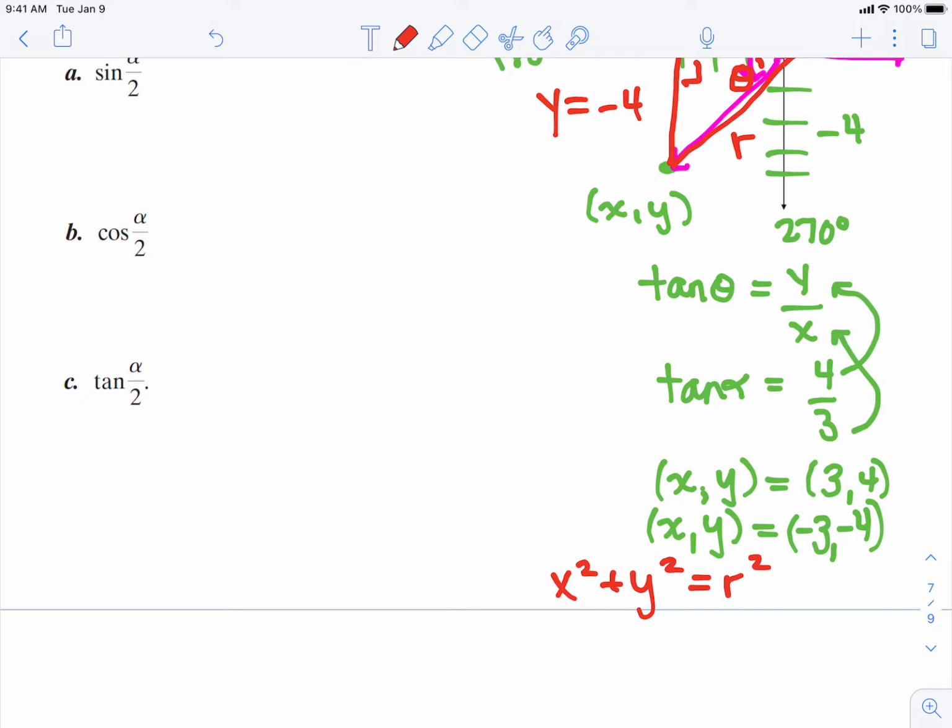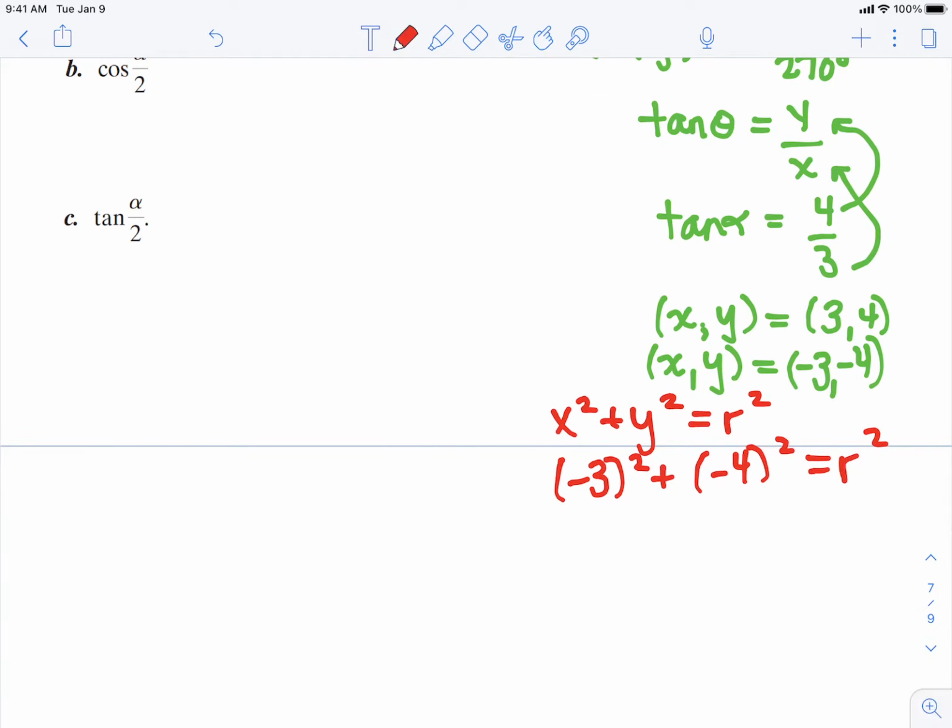So we have x, -3, y, -4, and then r squared. So we're going to square those numbers. So -3 times -3 is 9. -4 times -4 is +16. Add those two numbers together, giving you 25, and then square rooting it.